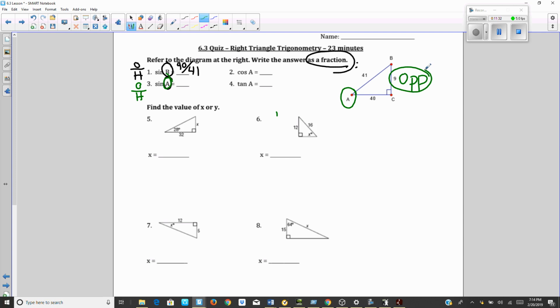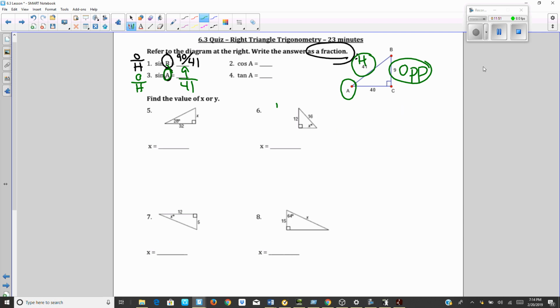The hypotenuse doesn't change. Hypotenuse is always the longest side, side opposite the right angle. So hypotenuse is still 41. So the sine of angle A is 9 over 41. So 2 and 4, you're still using angle A.